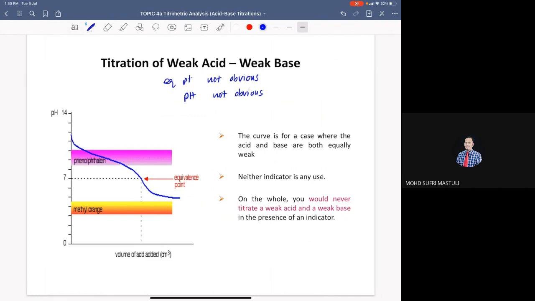So the titration curve is for a case where the acid and base are both equally weak. Neither indicator can be used. On the whole, you would never titrate weak acid with weak base in the presence of an indicator.